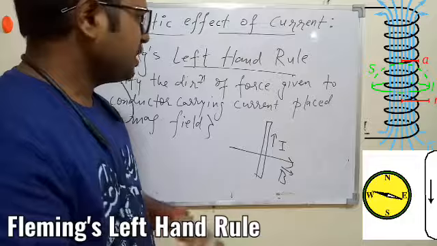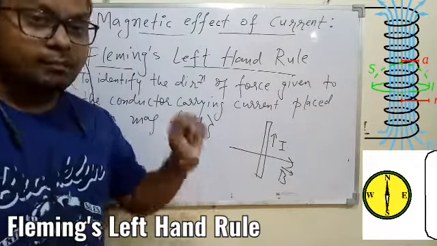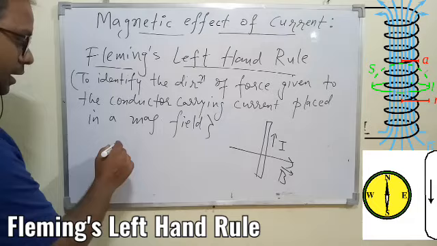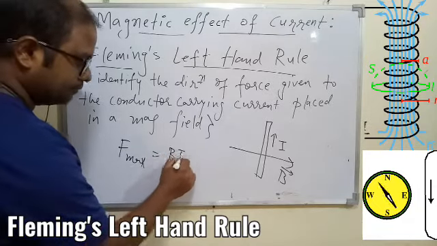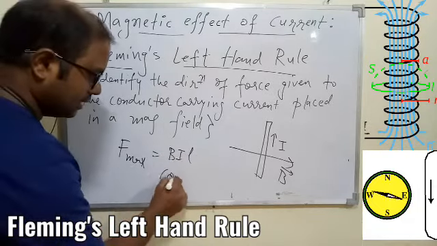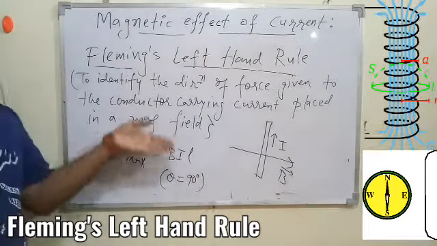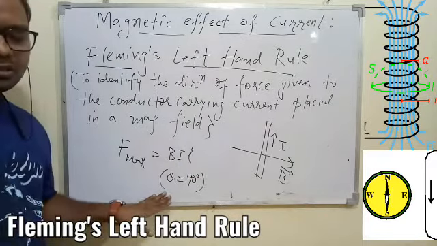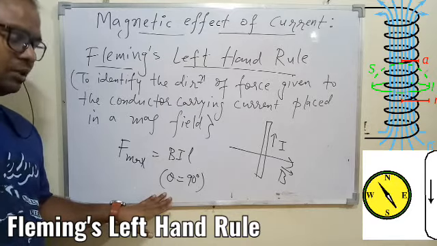One thing you have to remember, this rule is given only in the case when the force is maximum. If force is maximum, that is BIL, here theta is 90 degree. So the rule we are going to talk about is in the case where the force is maximum, that is the conductor is placed perpendicular to the magnetic field.